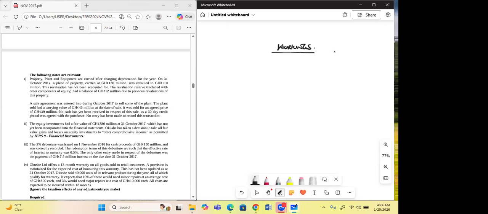So that is note one, PPE. They said it is carried after charging depreciation for the year. And on 31st October 2017, that's the end of the year, a piece of property carried at 130 million. So first of all, the revaluation of PPE.